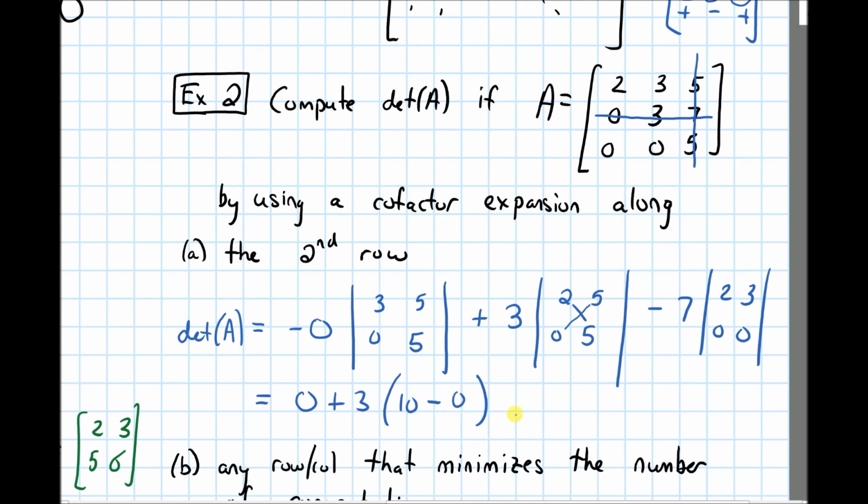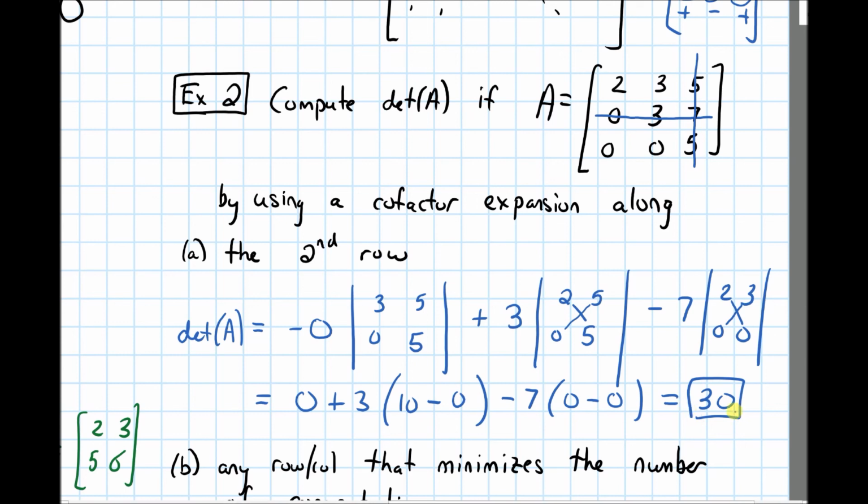Then I have minus 7 times this last determinant. I multiply the 2 times the 0, which is 0, minus the 3 times the 0, which is also 0. So what I'm left with is 0 plus 30 minus 0, which is just 30. And that is my determinant.